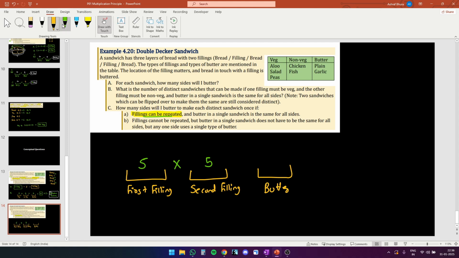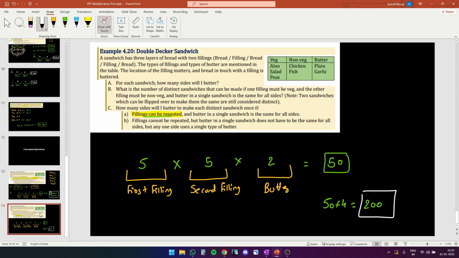So can I say 5 times 5, which is 25, 25 times 2 is 50. So 50 distinct sandwiches. Now the question is, how many sides will I butter to make each distinct sandwich? So it should be 50 times, how many sides are there? 4 sides. So 50 times 4 is equal to 200 sides should be buttered. Okay, so this is the answer for the A part.